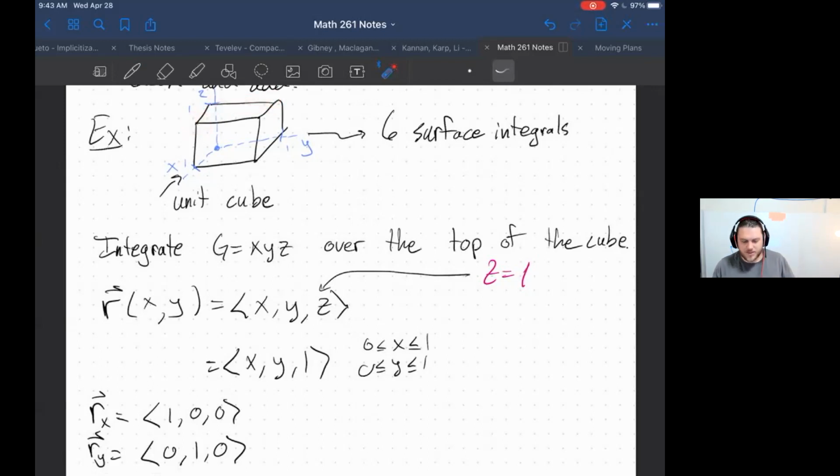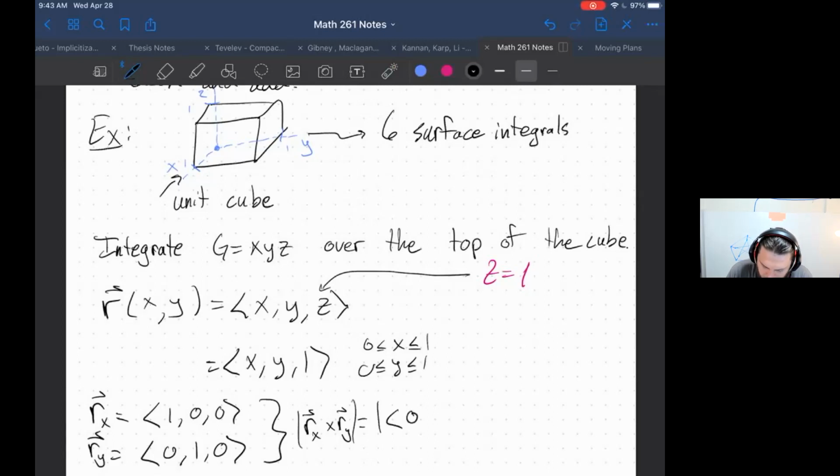Now if we wanted to take the cross product of these, if we remember back, it's i cross j. I'm going to skip all of the work, but you should get 0, 0, 1 or 0, 0, negative 1 if you switch them around. Again, it doesn't matter since we're taking a magnitude.